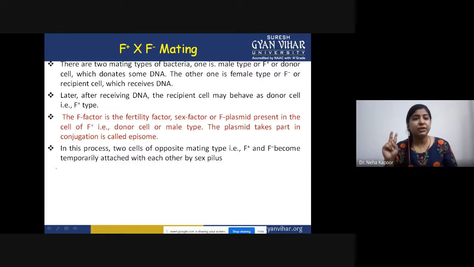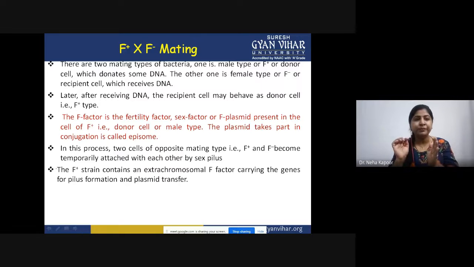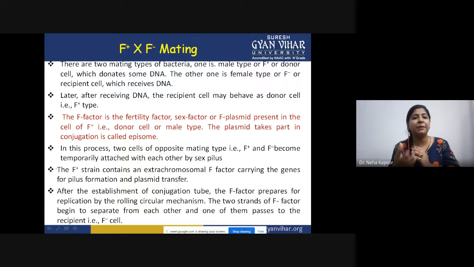In this process, two cells of opposite mating type, that is F positive and F negative, attach with the help of pilus or conjugation tube. After that, the F positive strain, containing an extrachromosomal F factor carrying the genes for pilus formation, endonuclease enzyme and plasmid transfer, transfers the genetic material after the formation of the conjugation tube.